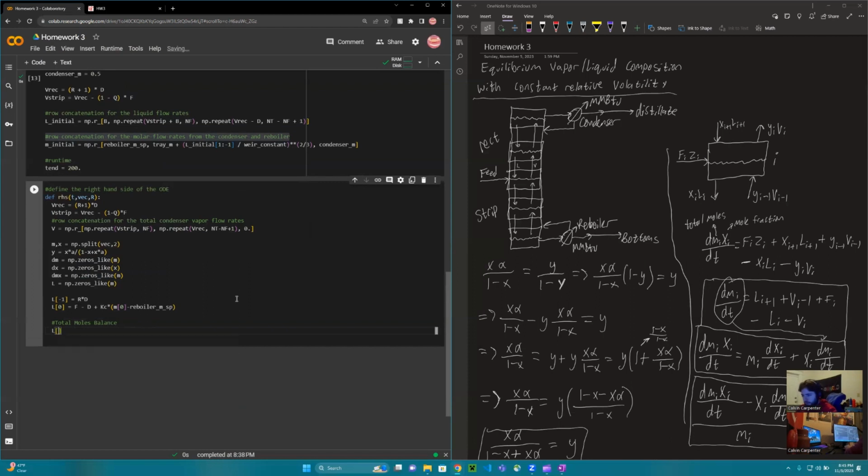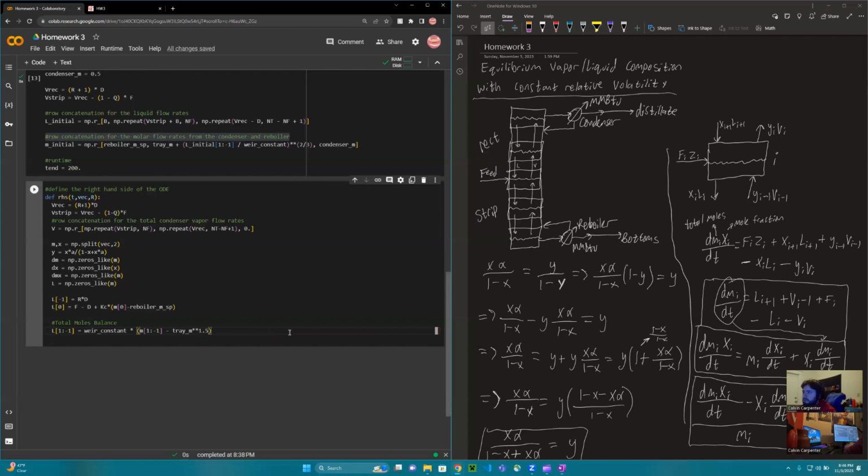So we'll have L bracket 1 to -1 close bracket equal to Weir constant times M parenthesis, wait, I think it's actually parenthesis M bracket 1 to the -1 close bracket minus tray underscore M asterisk 5.